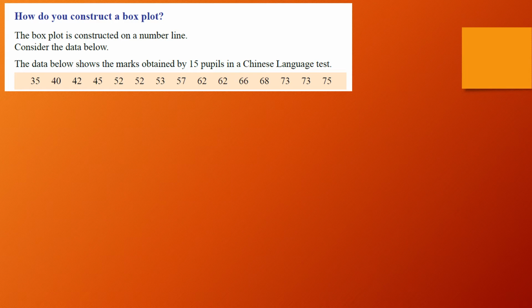So 57, correct? That means you will have 7 data here and the other side also has 7 data. This will be your median.